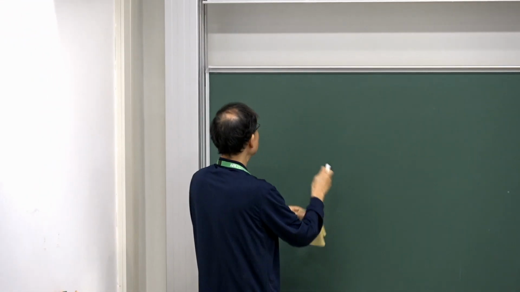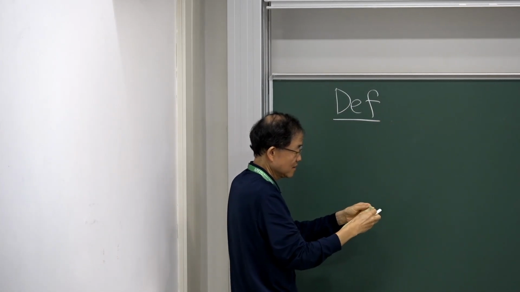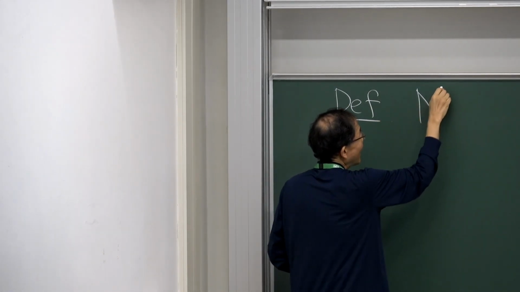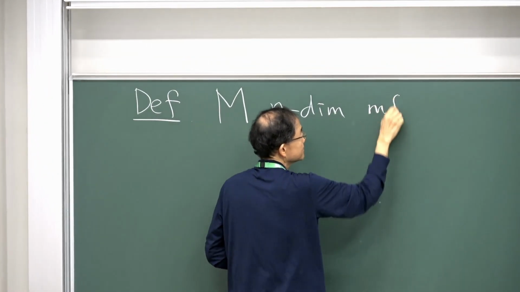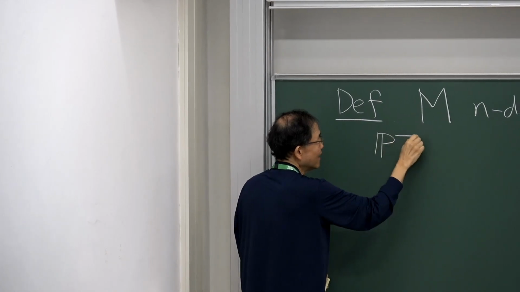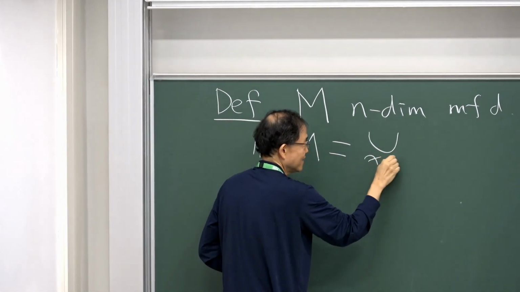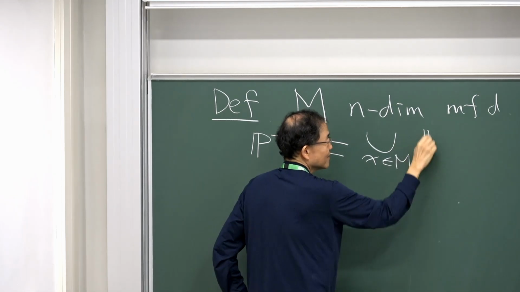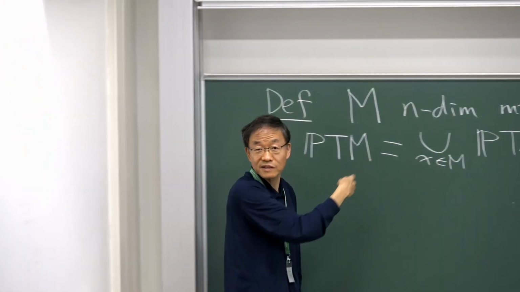So that's the notation I will use throughout this talk. Now let's start with the definition. So we consider an n-dimensional complex manifold. And then we consider the projectivized tangent bundle. This is just the union of the projectivizations of its tangent spaces.